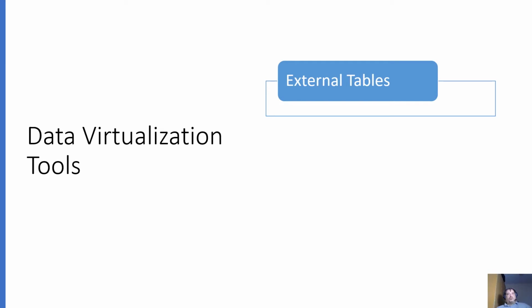External tables. Maybe you already heard about this concept, the concept of external tables. This is linked to a feature called Polybase, which appeared in SQL Server 2016. But Polybase was very transformed from that time to nowadays.